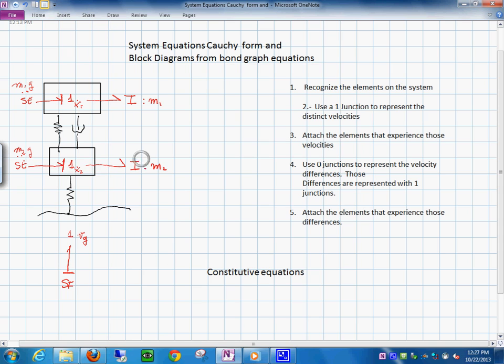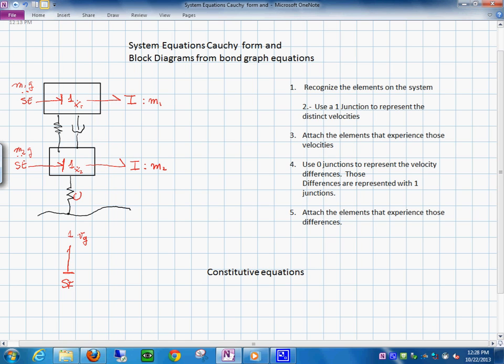Then it says use zero junctions to represent the velocity differences. So the difference between the ground and this is going to be represented by a zero junction, which I'll put over here, and I say okay, x2 dot, like that.